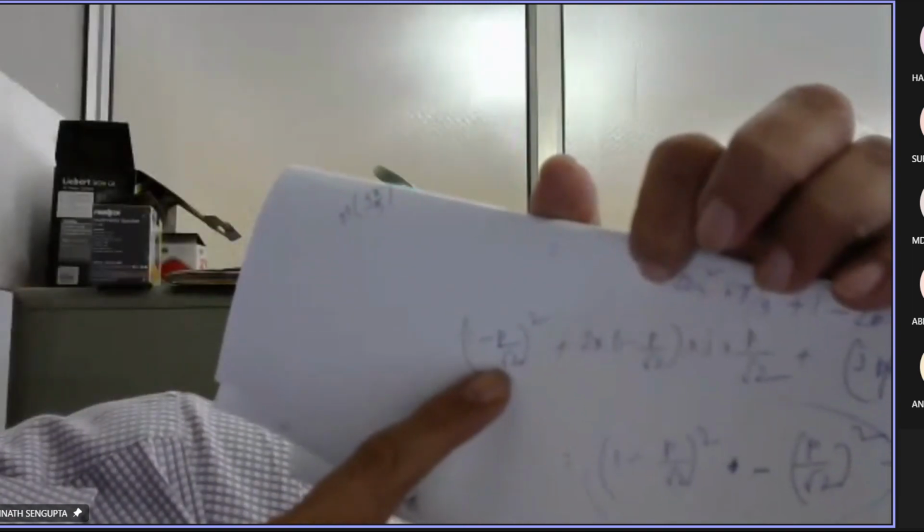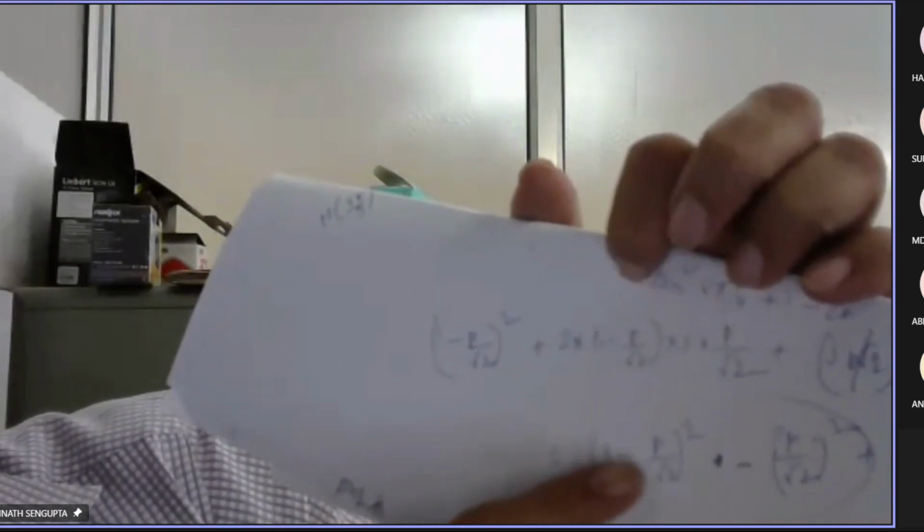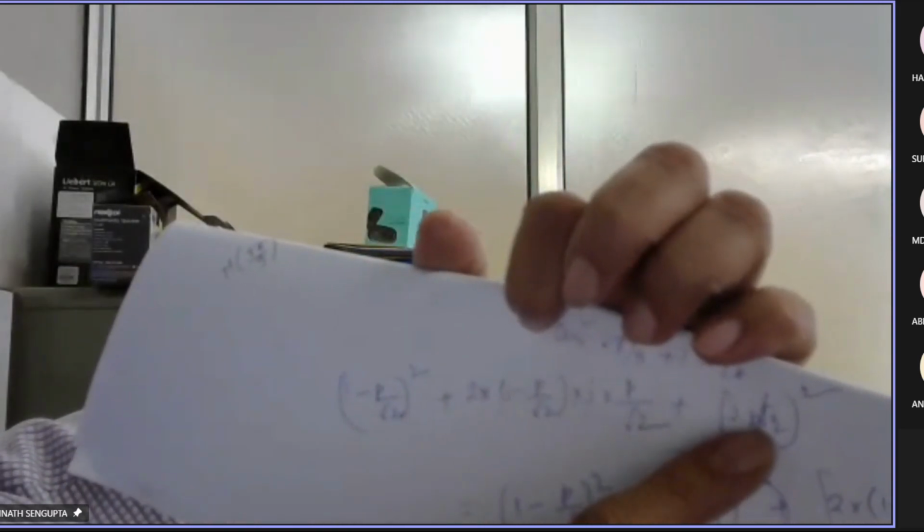Now there you will see that this has real part as well as imaginary part. So just combining, gathering the real part, that is 1 minus p by root 2 whole square minus p by root 2 whole square. This is real part. And imaginary part is 2 into 1 minus p by root 2 into p by root 2 into that j.